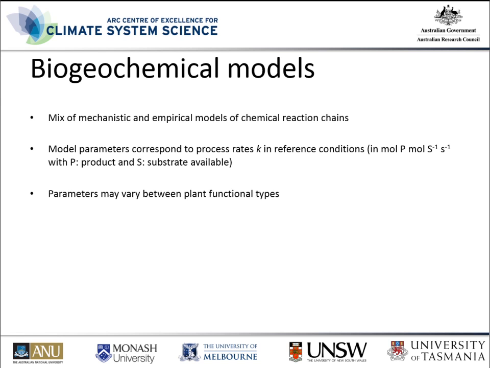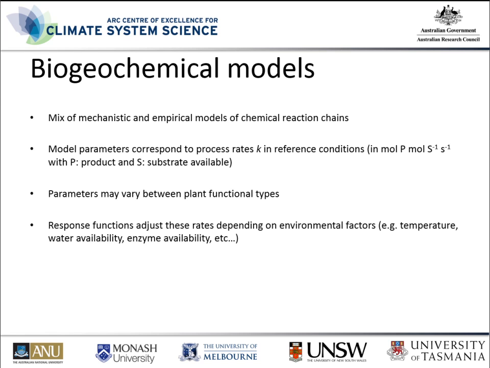You can forget this for now. Parameters vary between plant functional types. So coniferous will not breathe as fast or as much as deciduous plants. This is a totally random sentence, but just to let you know. So different plants have different physiology.